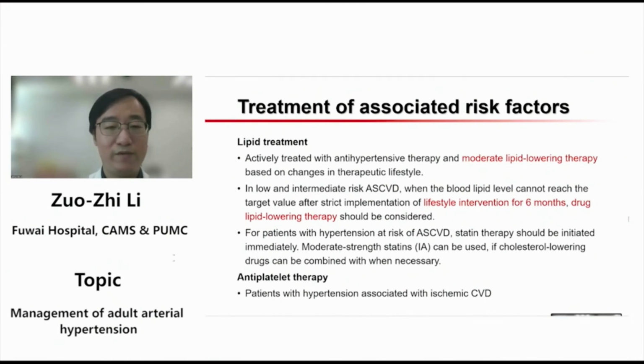Moderate strength statins can be used, and a cholesterol-lowering drug can be combined when necessary. Also, in patients with hypertension and associated ischemic cardiovascular diseases, antiplatelet therapy, mainly aspirin, should be considered.